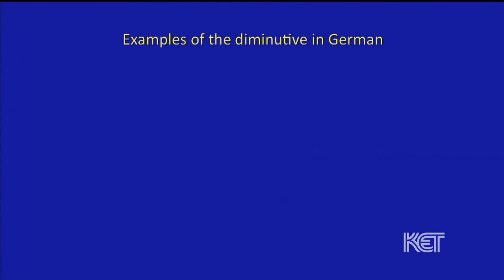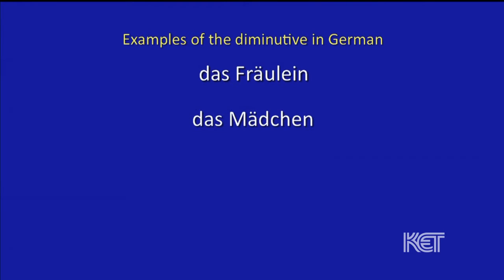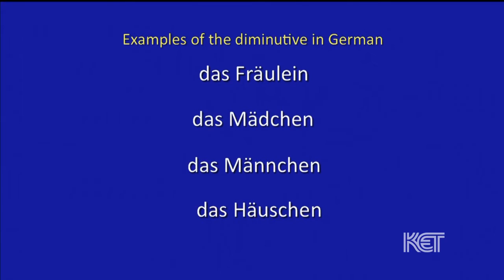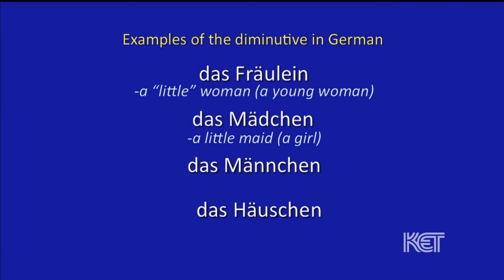So here are a few examples: das Fräulein, das Mädchen, das Männchen, das Häuschen. Das Fräulein is a little woman or a young woman. Das Mädchen, a little maid or a girl. Das Männchen, a little man. Das Häuschen, a little house.